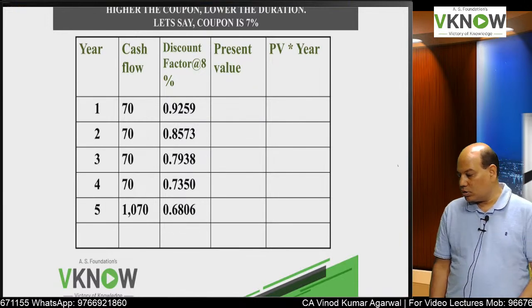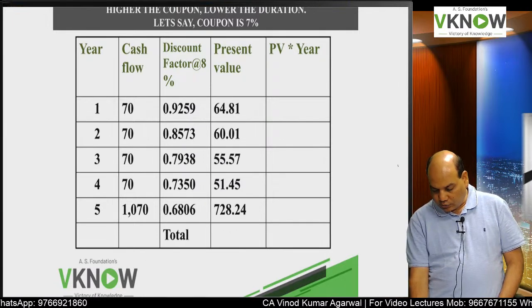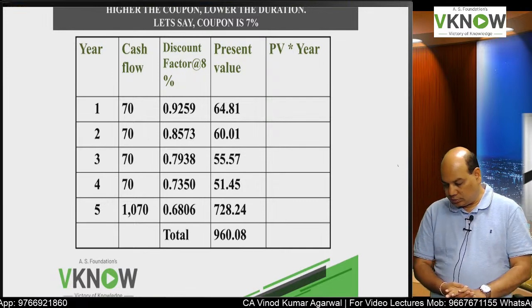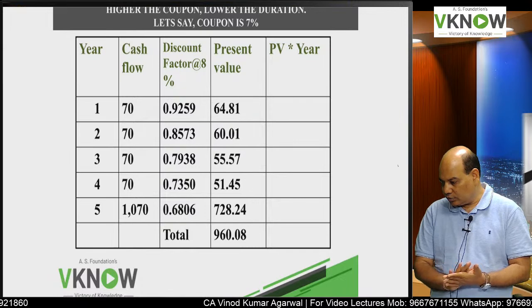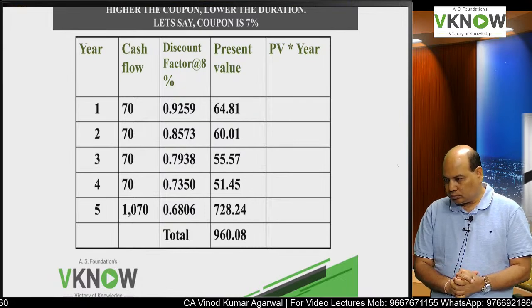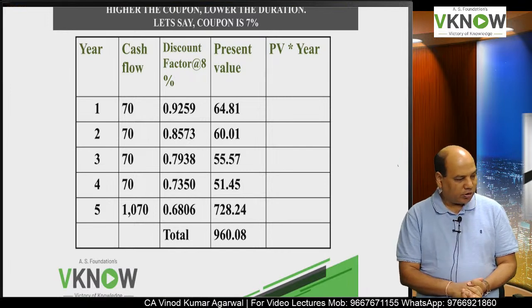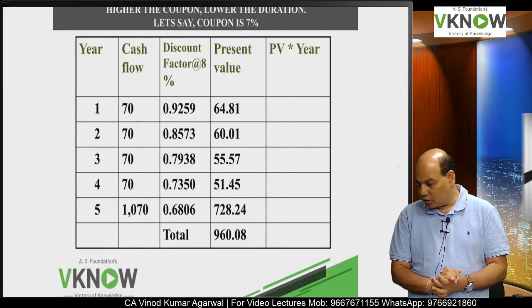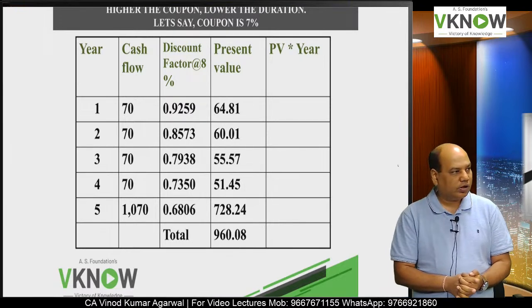Yes, anybody? One student has given the answer, that is 960.08, but your answer is different, so please check your answer again. The one who has given the answer 897.96, check the answer again.